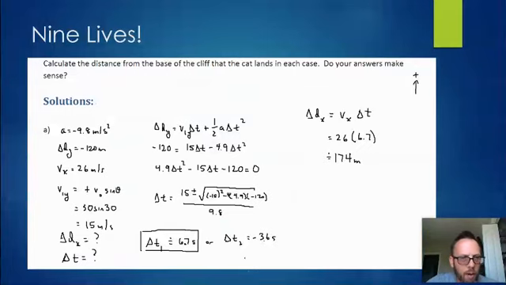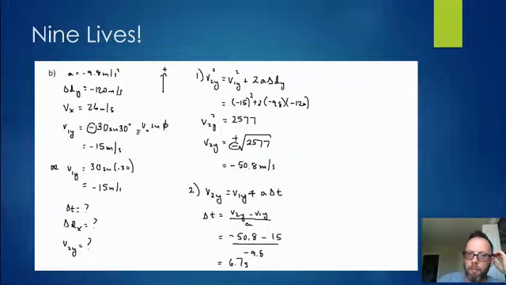So we had V1y is 15, everything is looking pretty good. Did we do everything right for this part of the question? V1y is negative 15. Oh, I see what the problem was.